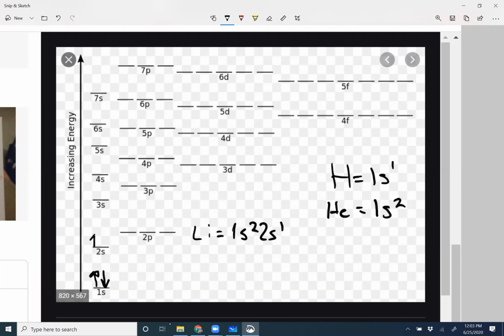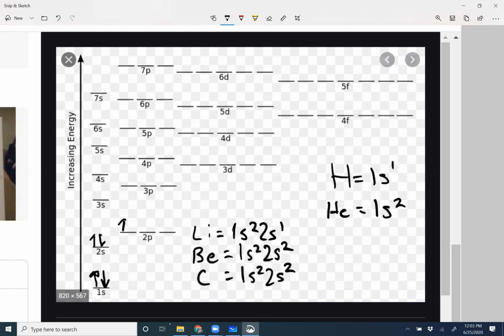The very next element on the periodic table, beryllium, has 4 electrons, 1, 2, 3, 4, 1s2, 2s2. Carbon, 1s2, 2s2. Just like before, but now we're going to put 1 here.